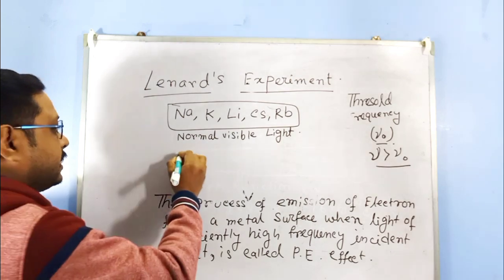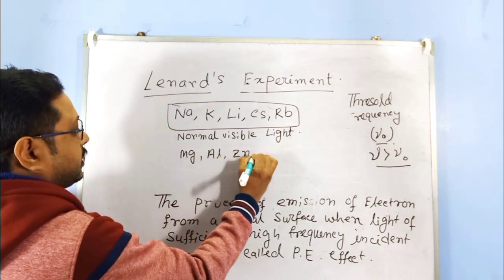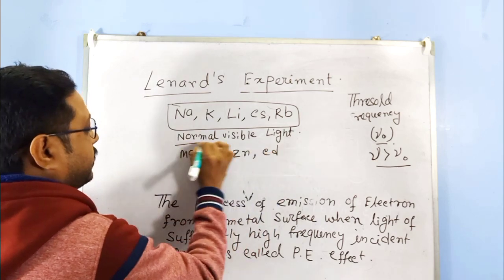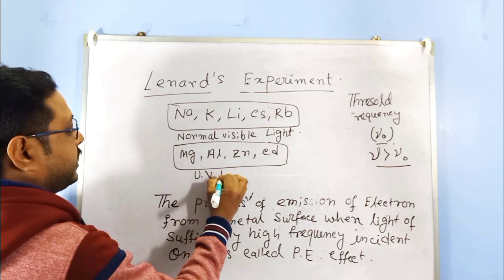And some metals like magnesium, aluminium, zinc, cadmium show the photoelectric effect in ultraviolet radiation.